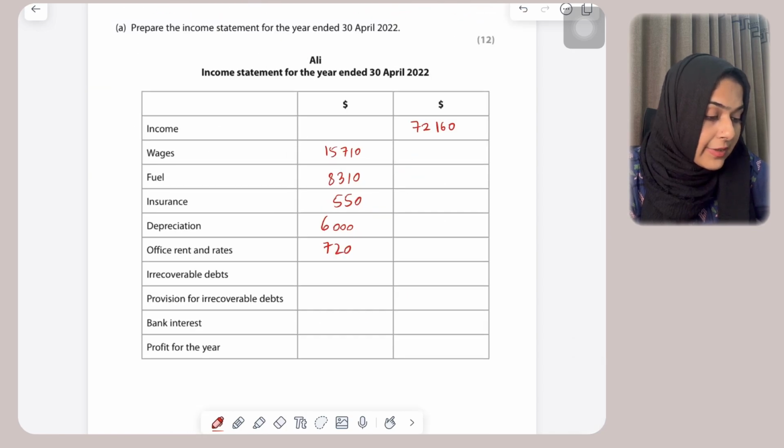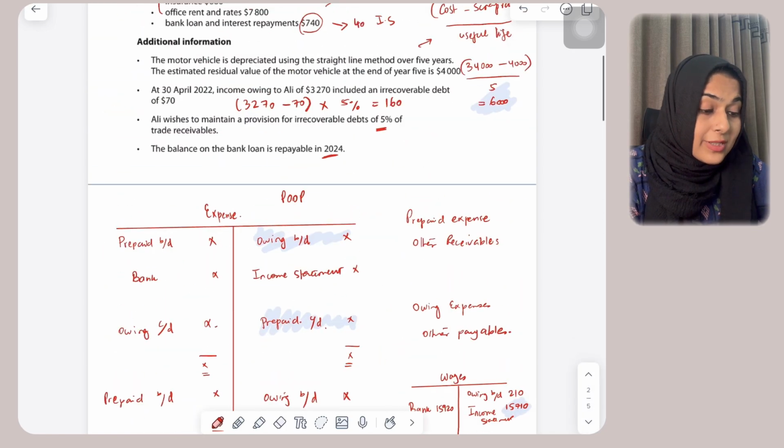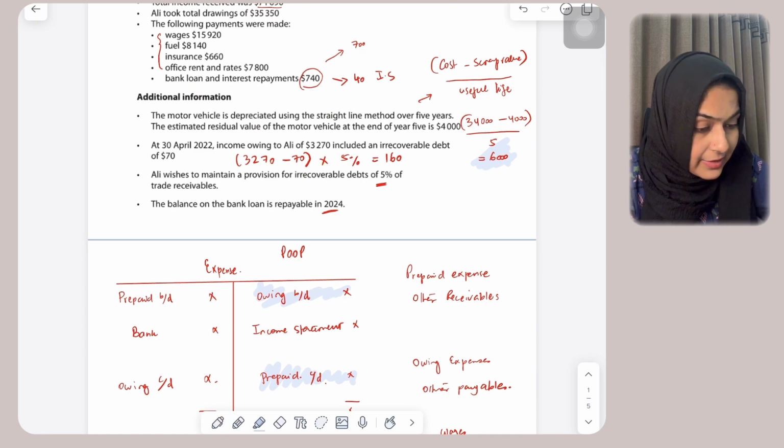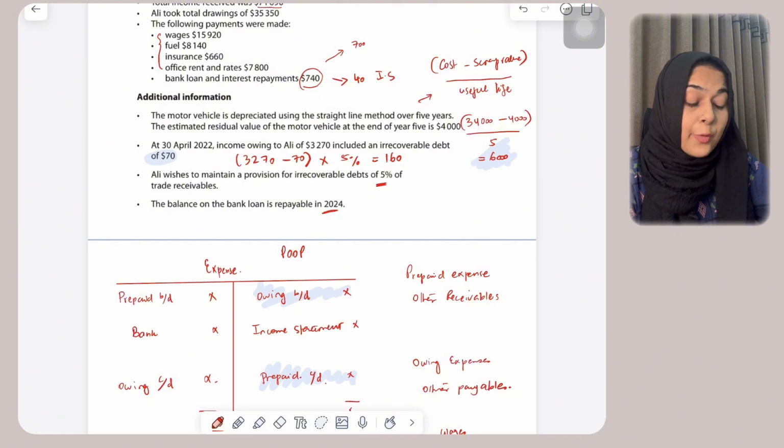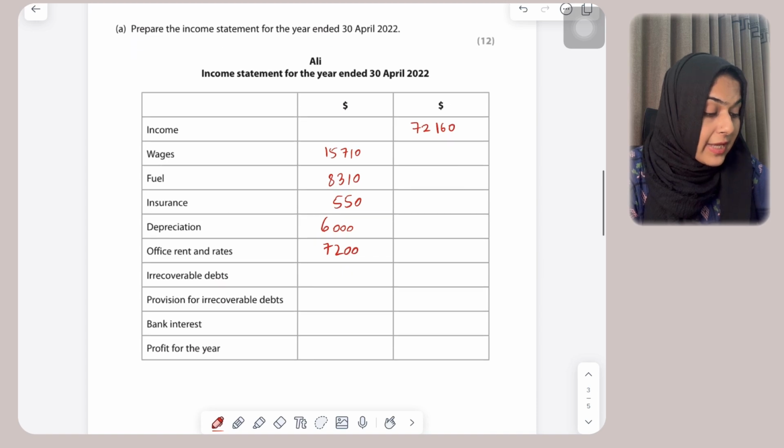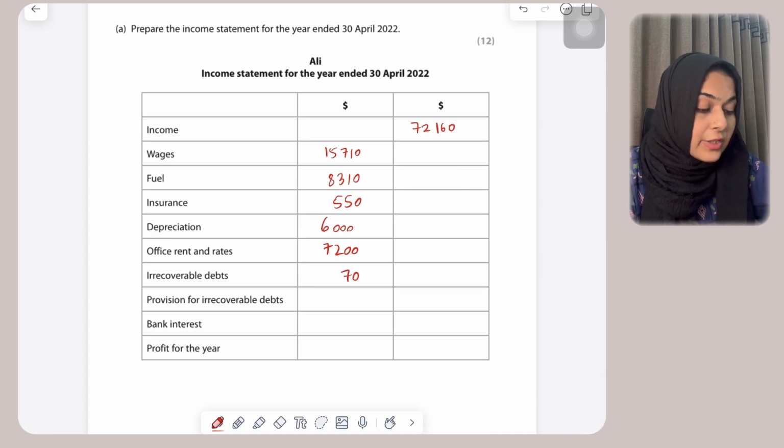Irrecoverable debts was $70, because they've written it in the points: at 30th April 2022 income owing to Ali of 3270 included an irrecoverable debt of $70. So irrecoverable debts you'll write here $70.